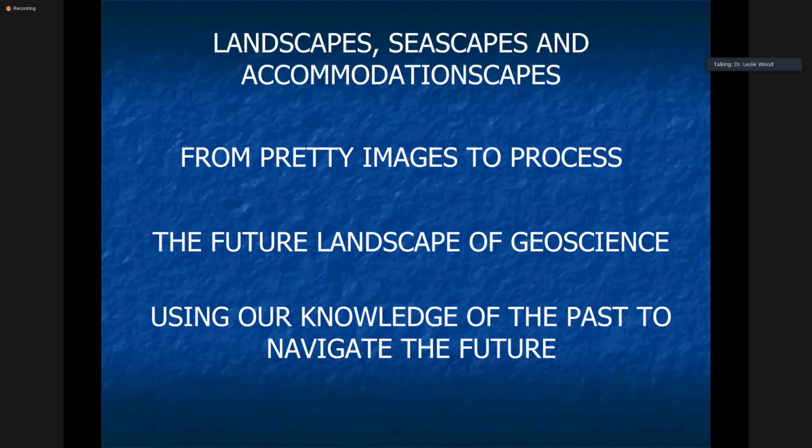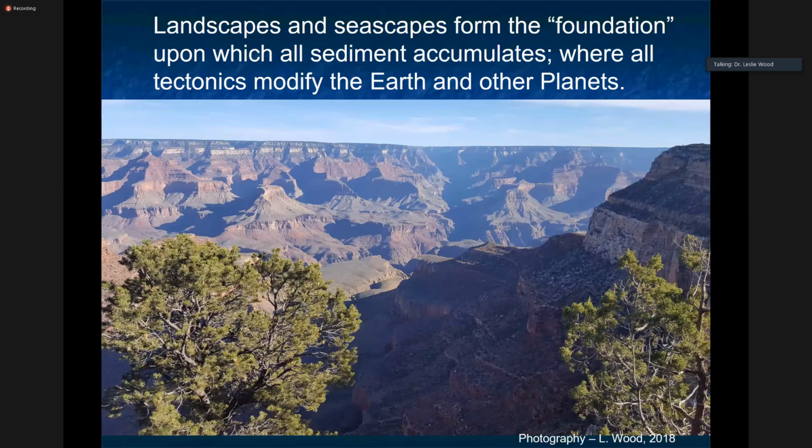So we have always been fascinated with landscapes and seascapes and their formation. They form the foundation upon which all sediment is accumulating and where all tectonics are modifying the Earth and other planets. Yes, landscapes and seascapes and accommodation-scapes exist on other planets, as we're discovering really heavily this week with the exploration of Mars.